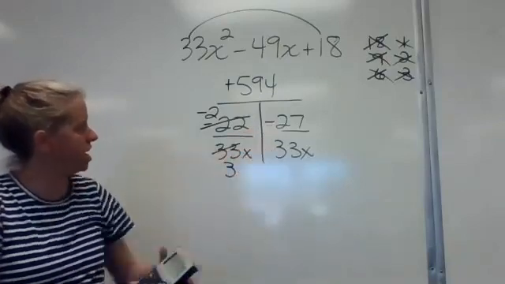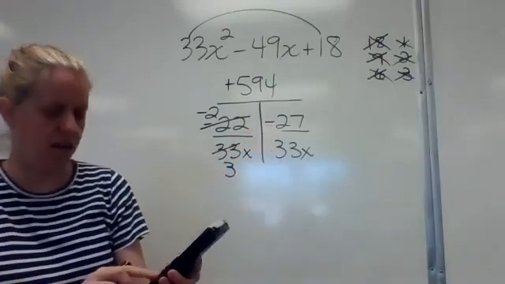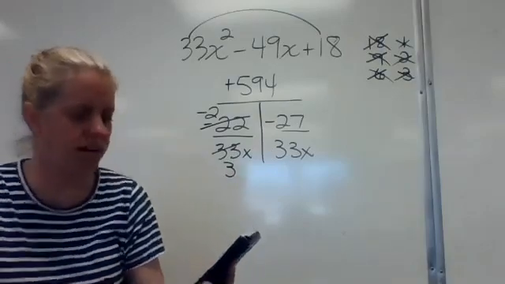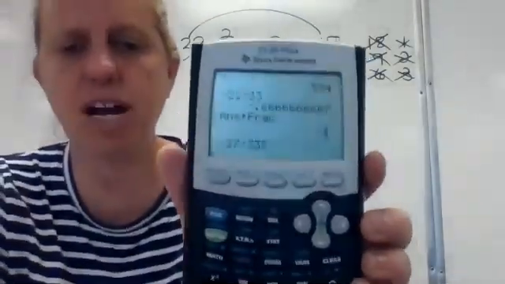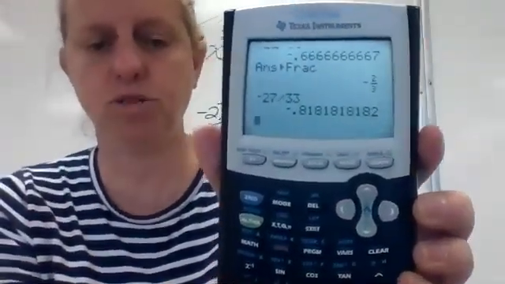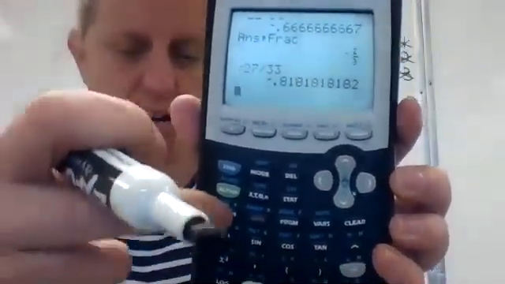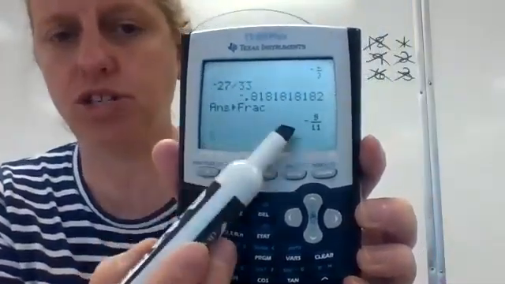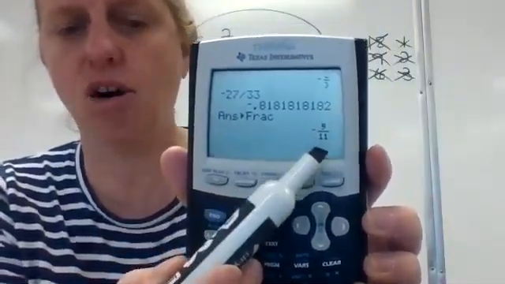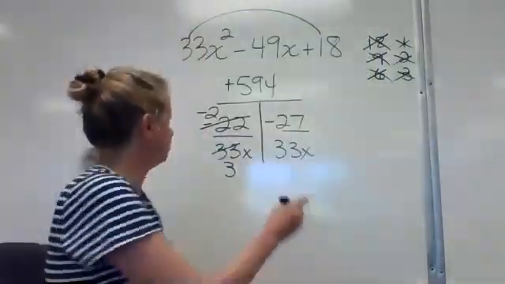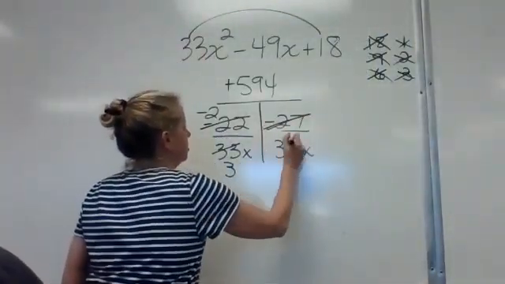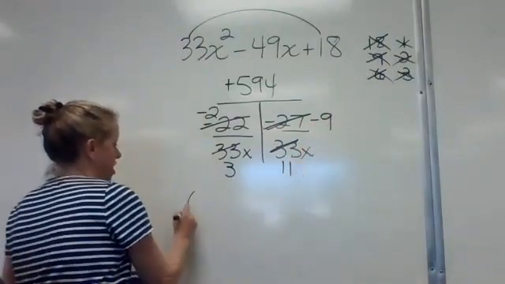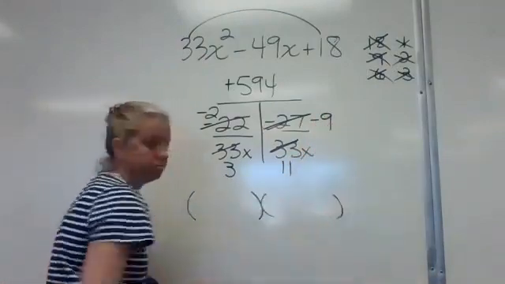Do the same thing here, negative 27 over positive 33, so negative 27 over 33. There's your weird decimal. Math, enter that one. So that one reduced to negative 9 over 11. And those are where your factors come from.